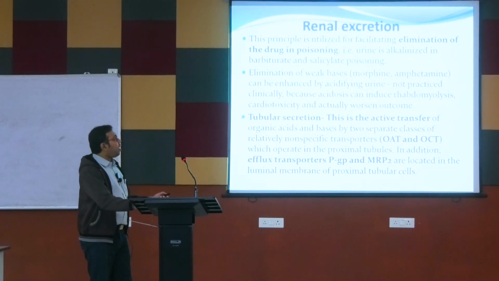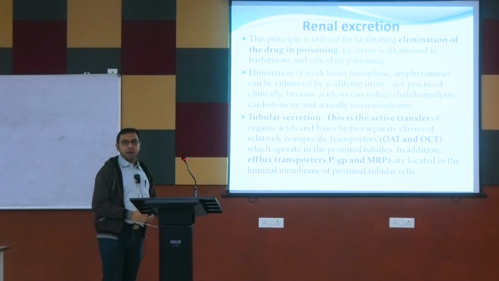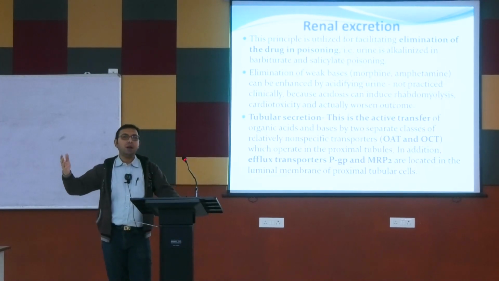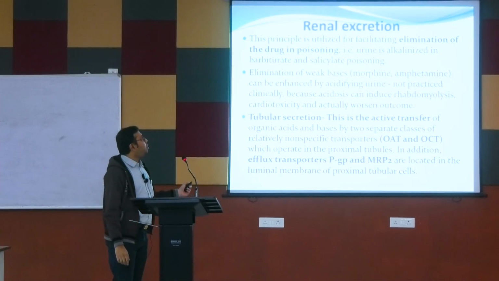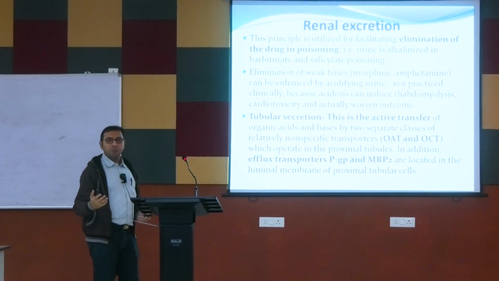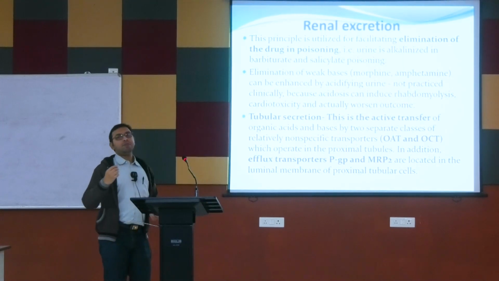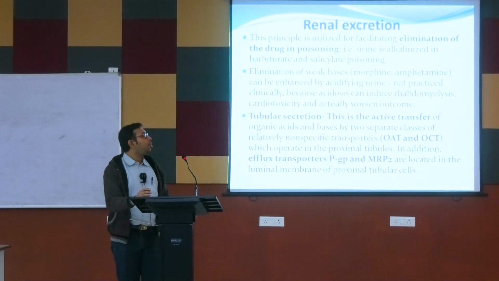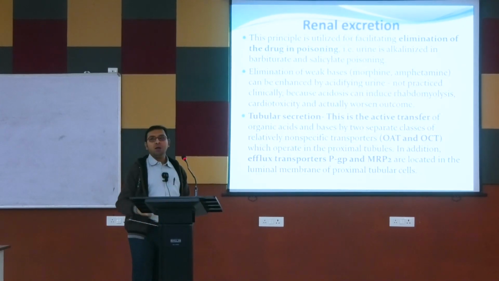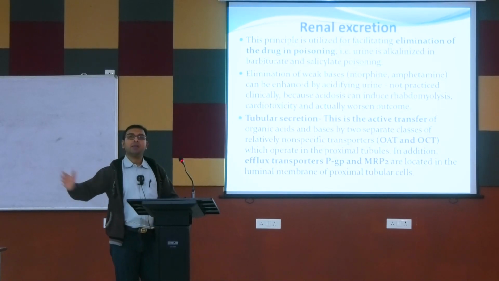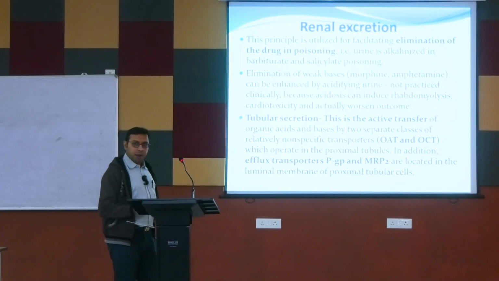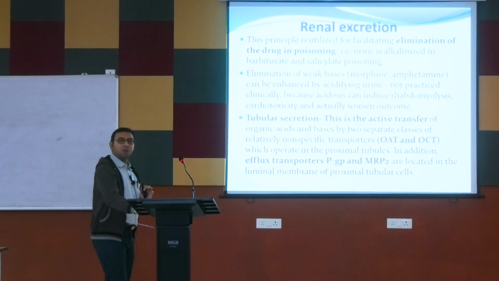That is, urine is alkalinized in barbiturate and salicylate poisoning. Alkalinization is done very easily, sodium bicarbonate tablets are available, syrup is also available, sodium bicarbonate is given. Barbiturate is a CNS drug, and salicylate, these poisonings are very commonly seen. When a patient has taken many tablets or has poisoning, we give sodium bicarbonate, so the urine becomes alkaline, and these are acidic drugs, so they are more ionized, more will be excreted in the urine, less absorbed in the body, so that the toxicity will be less. So this is important for your viva purpose also.